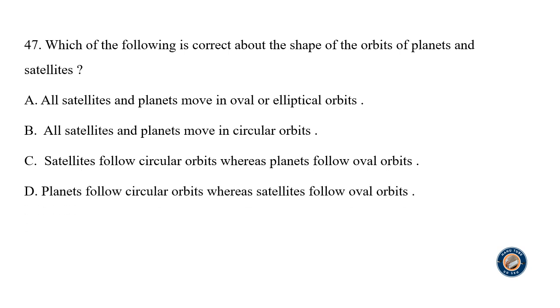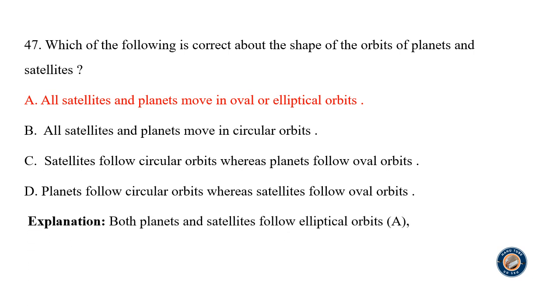D. Planets follow circular orbits whereas satellites follow oval orbits. The answer is all satellites and planets move in oval or elliptical orbits. Both planets and satellites follow elliptical orbits.